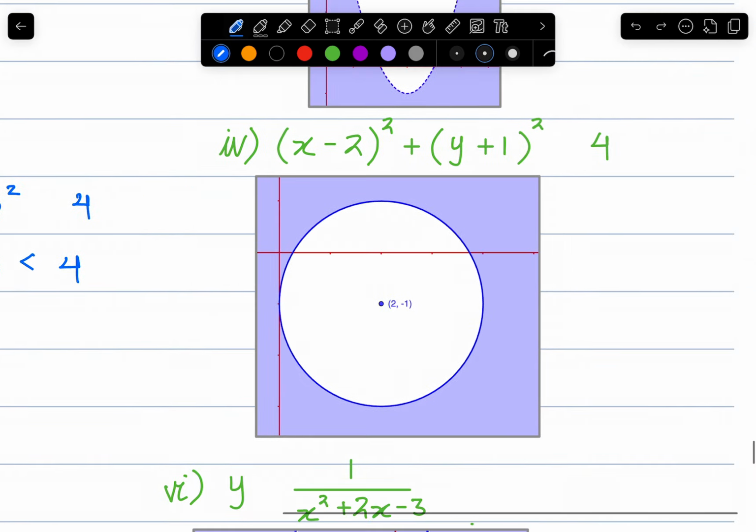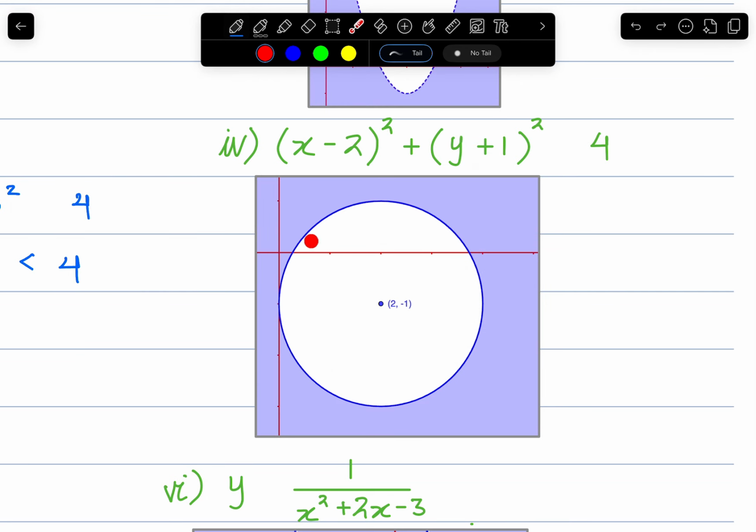As for this one, you can probably guess, since we don't want what's on the inside, we can pick a point here. We could actually test it, but is this point inside the circle or outside the circle? In this case, it is outside the circle, so it must be greater than or equal to the radius of this circle. So that is the correct symbol here.